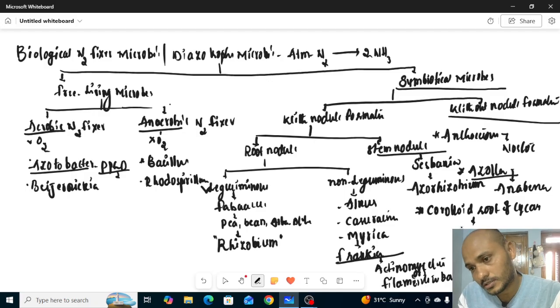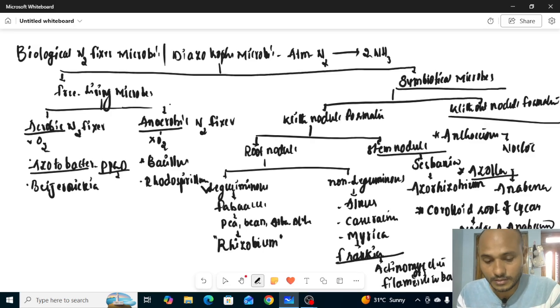They are Nostoc and Anabaena. Both blue-green algae are also called cyanobacteria. They form a symbiotic association with the coralloid roots of Cycas. So this is all about the biological nitrogen fixer microbes.